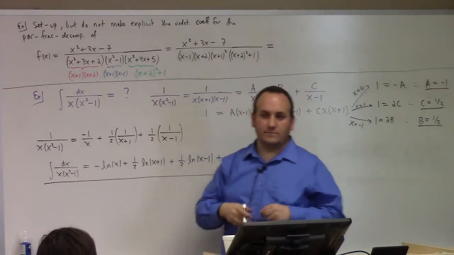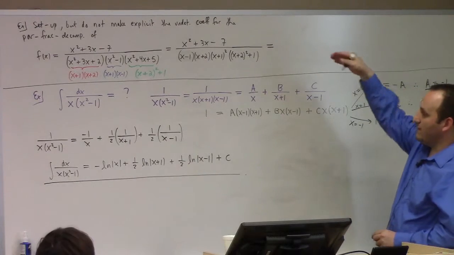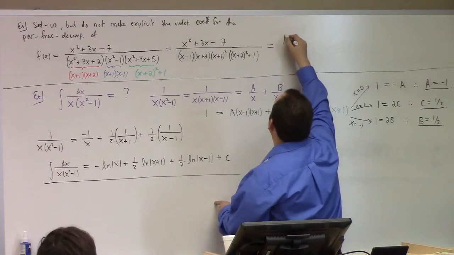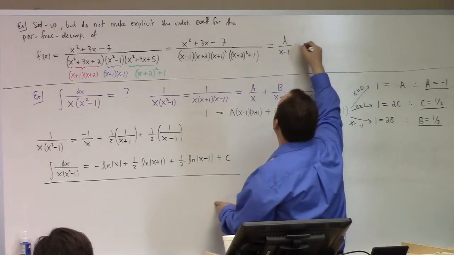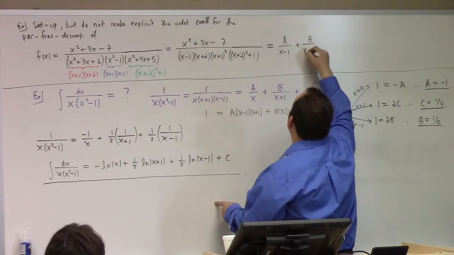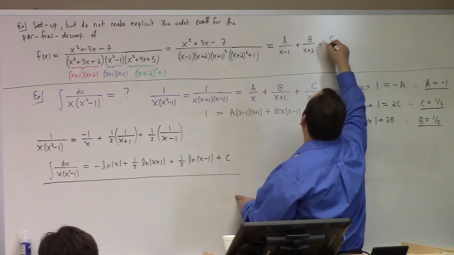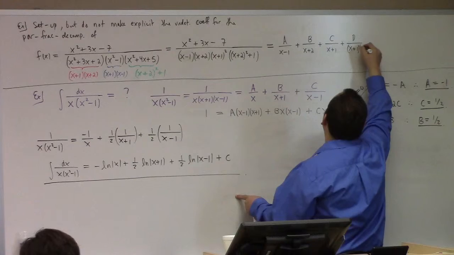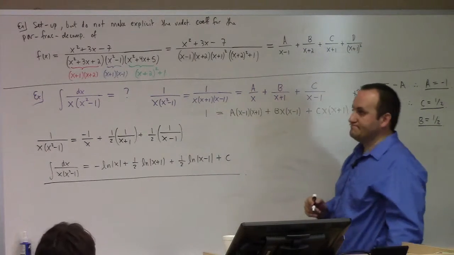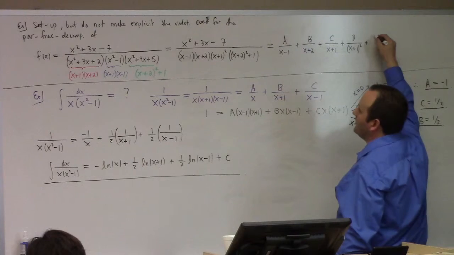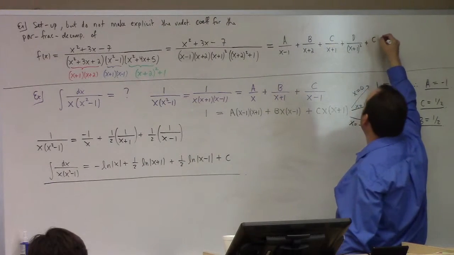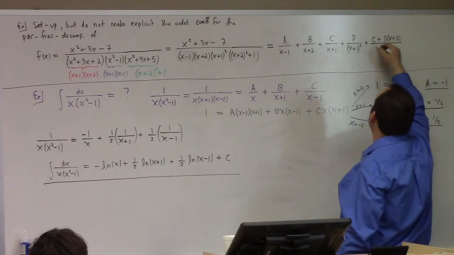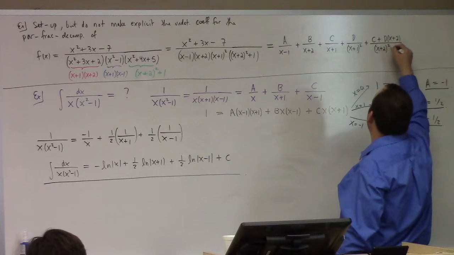Now, partial fractions decomposition says you can rewrite this rational function as a sum of basic rational functions as follows. You can write this instead as a over x minus 1 plus b over x plus 2 plus c over x plus 1 plus d over x plus 1 quantity squared, plus c plus d times x plus 2 over x plus 2 quantity squared plus 1.